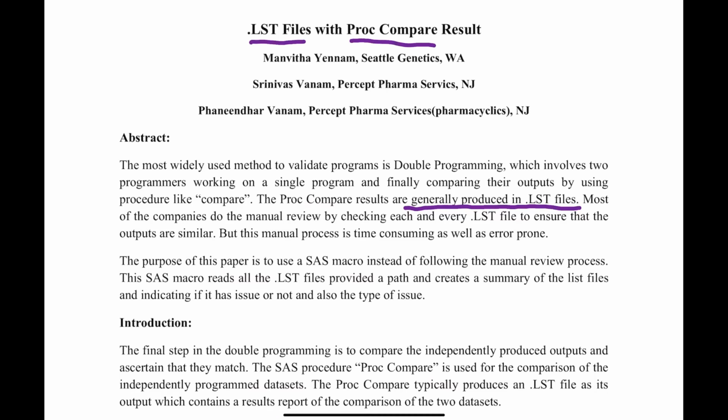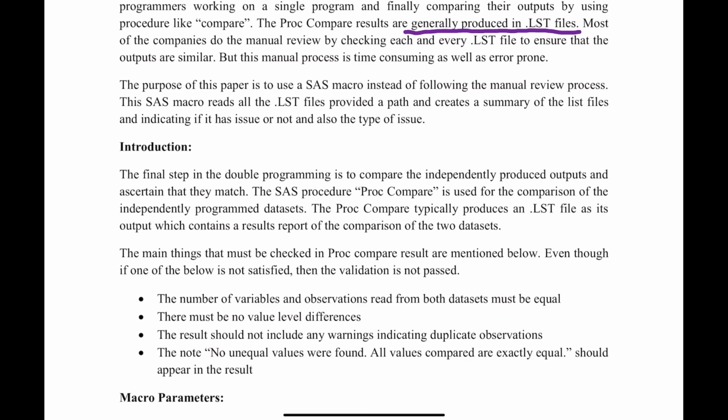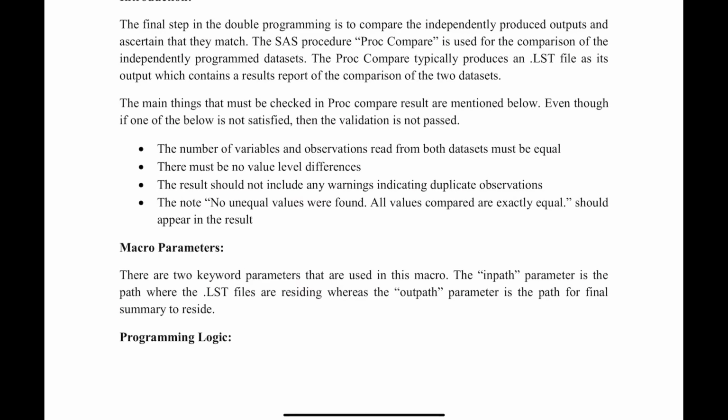So this paper has a macro that can automatically check the issues for each LST file, so that you can save your time, especially when you have lots of outputs to check. So this macro will check the items below here.